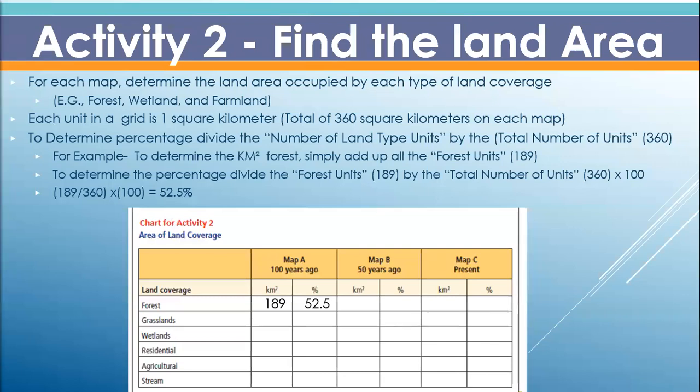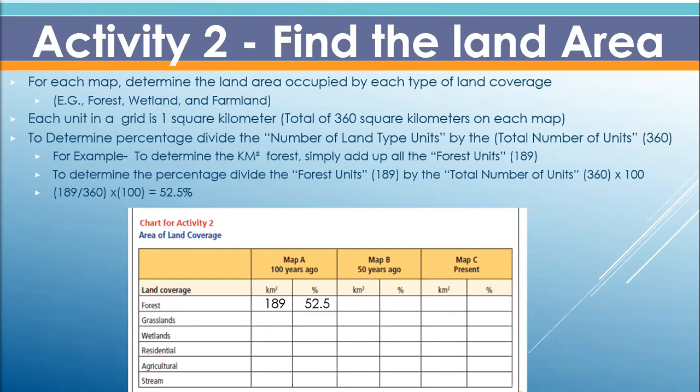So activity number 2, find the land area. So for each map, now we're going to determine the land area occupied by each type of land coverage. So we're going to find how much forest land there is, how much wetlands, and farmland.